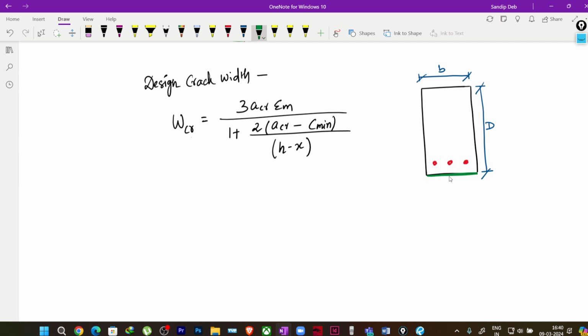So here we are going to mark the point of interest for calculation of crack width.